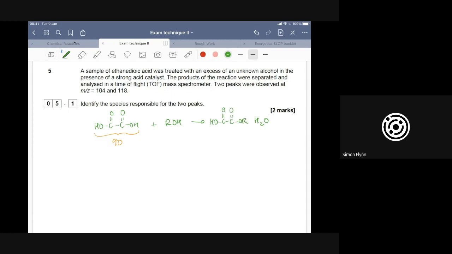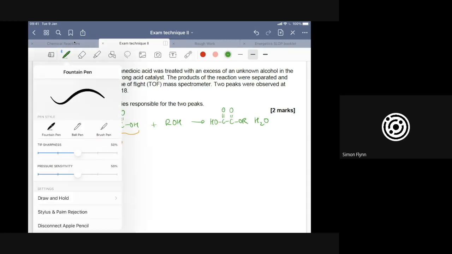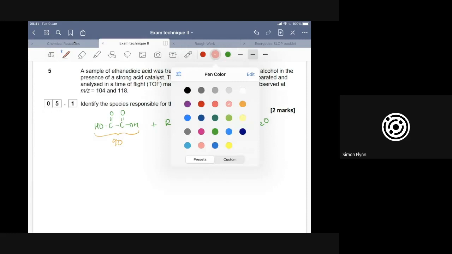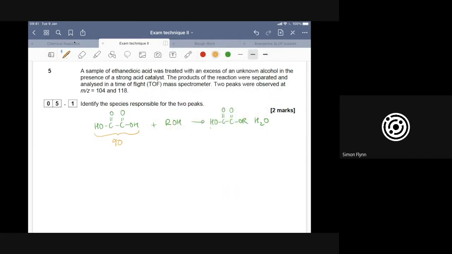Now we can work out that the mass is now 89. So 89 plus R, and that's going to be the smallest one, isn't it? It's only one alcohol we're adding. That equals 104. That means R equals 15.